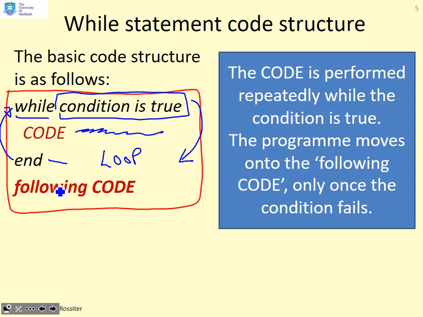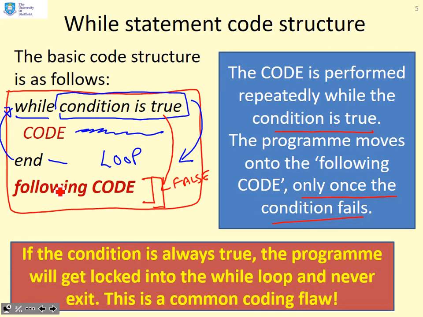So the code is performed repeatedly while the condition remains true. And the program only goes to the following code once the condition fails. So if at some point the condition becomes false, as soon as the condition is false, then you jump down to the following code and carry on.